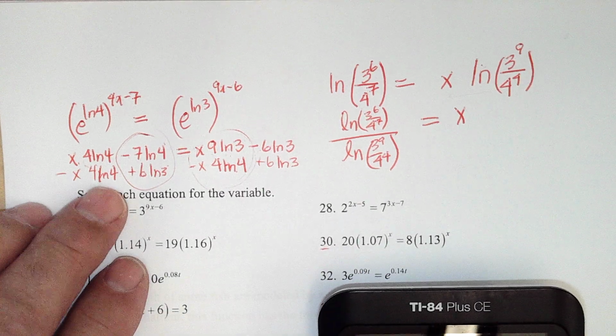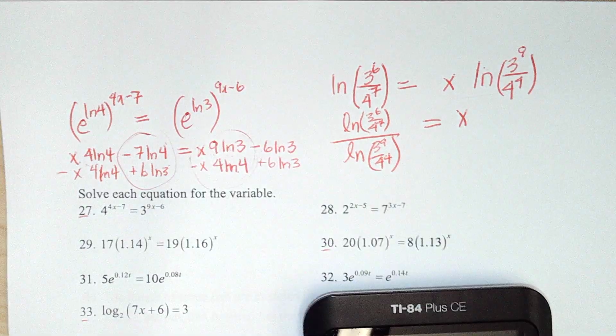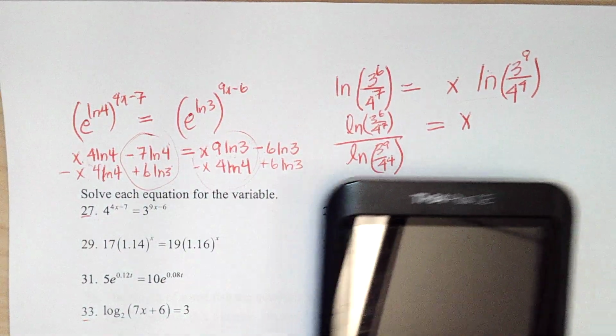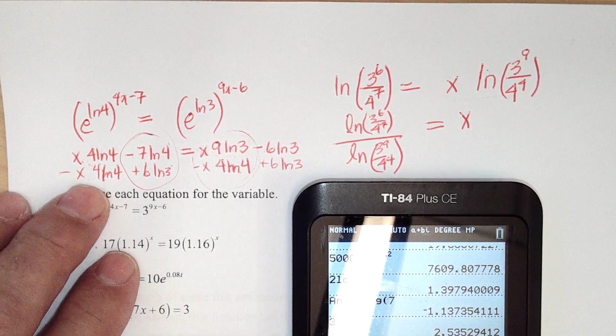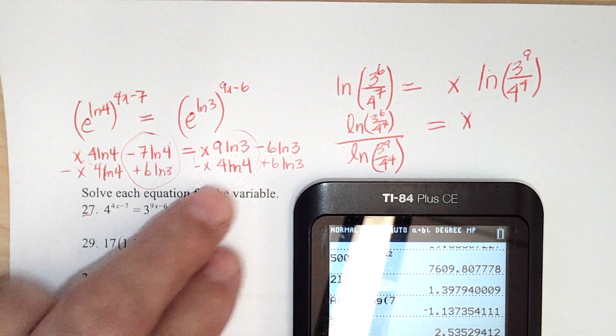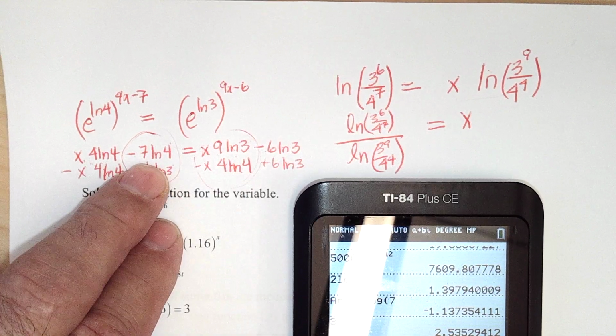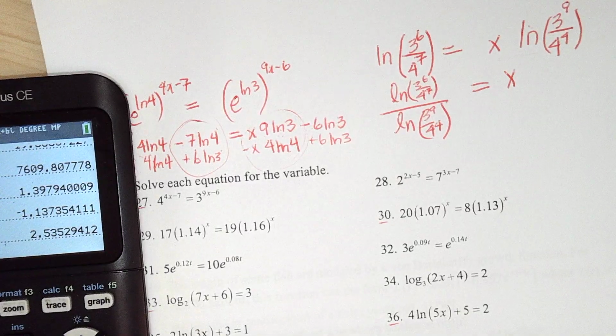So if I had gone to decimals here, I should get the same answer as I'm getting from this. I probably should show that. So I'll do these here. Let's see, let's move this over here.